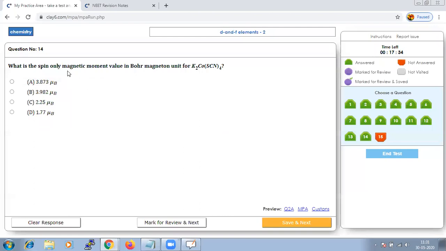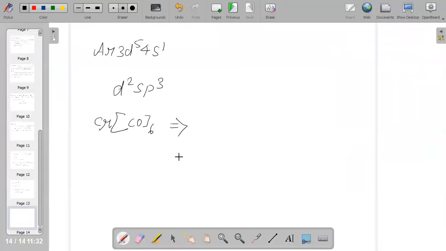What is the spin only magnetic moment value in Bohr magneton unit for the next complex? This is also of the same format. We have to calculate the value for cobalt, and the given complex is [Co(SCN)4]2-.